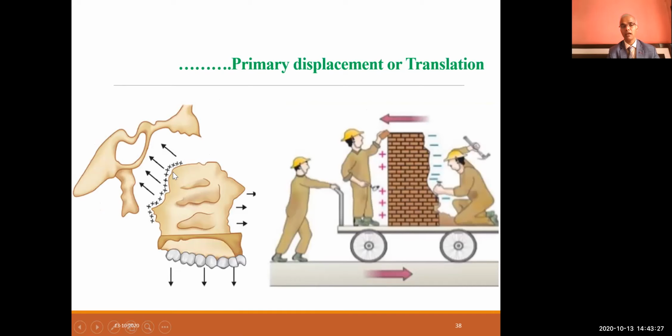So it pushes against the cranial base and moves forward and downward. This means the displacement occurs due to growth of the maxilla itself. Here in this diagram, the structure moves in a forward direction by addition of bone.